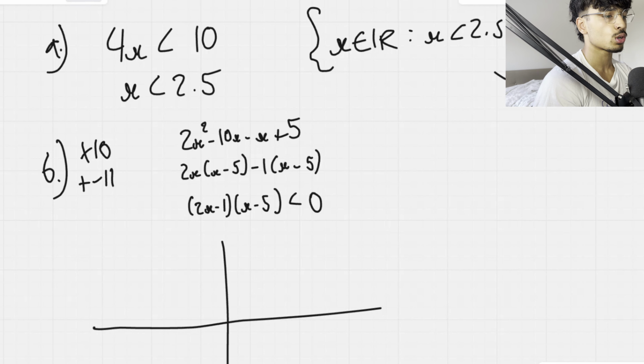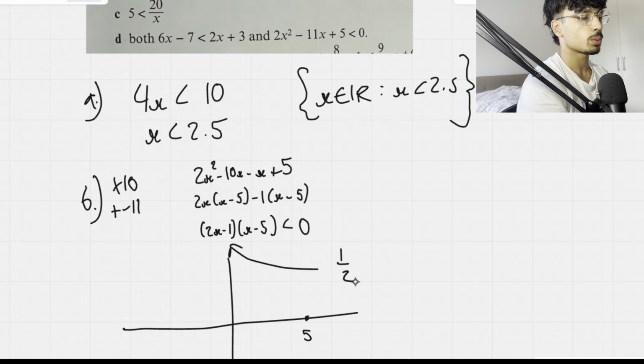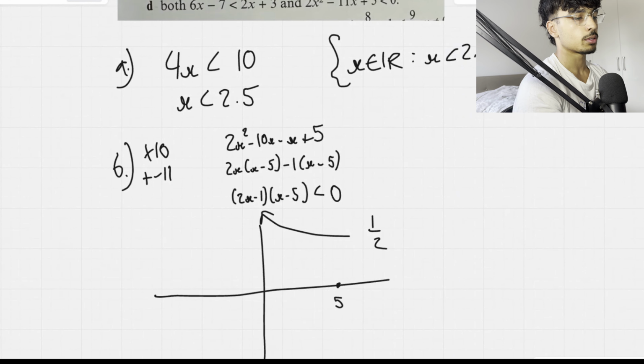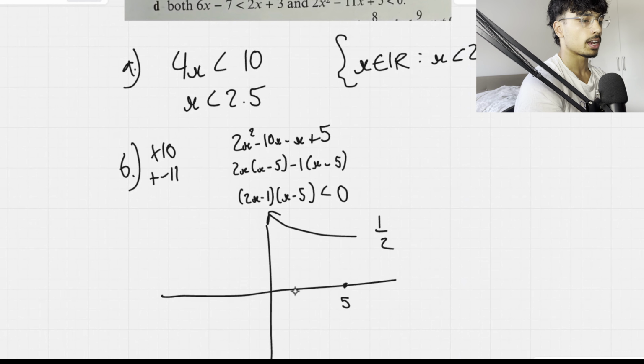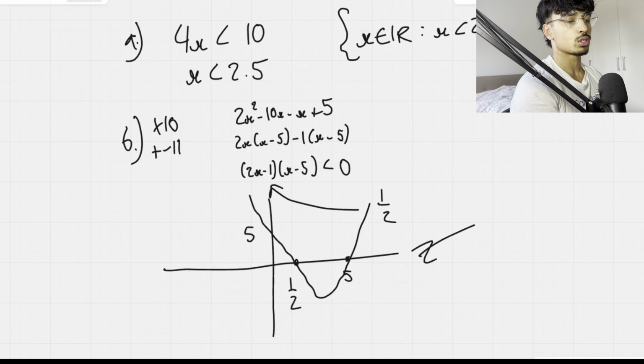Okay, so what is this quadratic going to look like? Okay, so we know one of the roots is 5, right? And we know that the other is going to be equal to a half, because when you times 2 by a half, you get 1, and 1 minus 1 is 0, so we get a half. And it goes through 5, okay? So that is that quadratic drawn out.